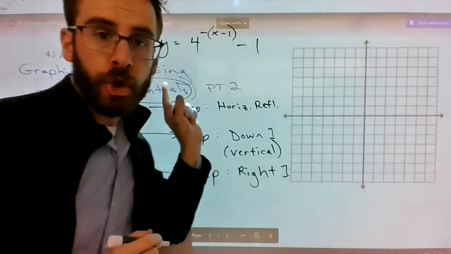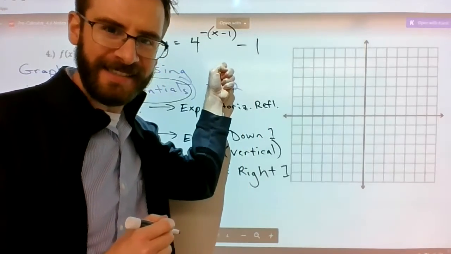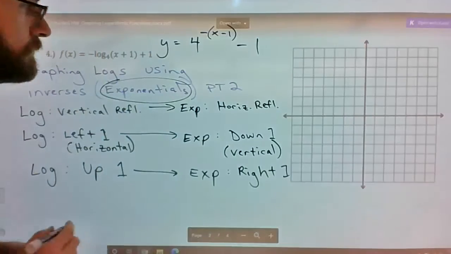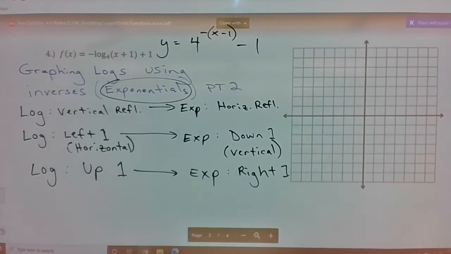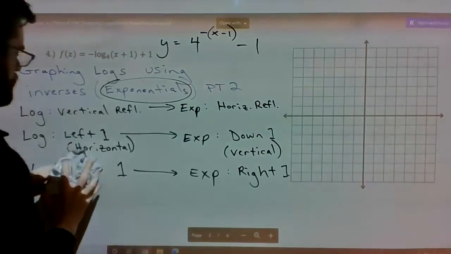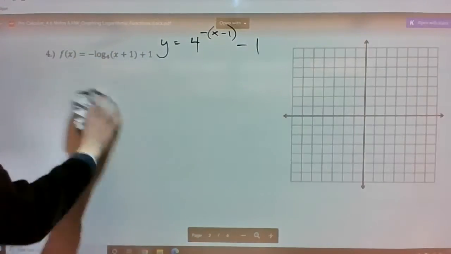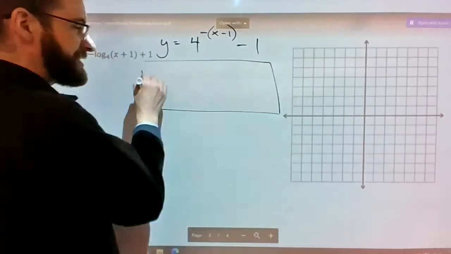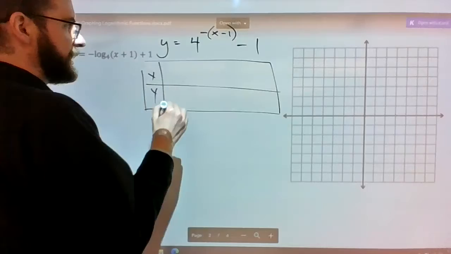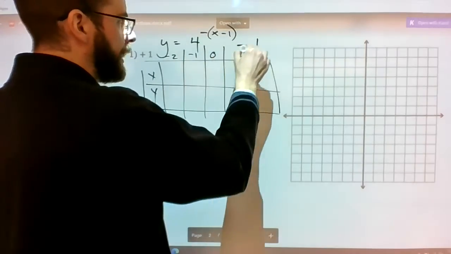So, to graph the log, you can plot all the points that make this thing a real thing. So let's go ahead and do that first. I'm going to give us some room here. Our standard XY table is going to be -2, -1, 0, 1, 2.